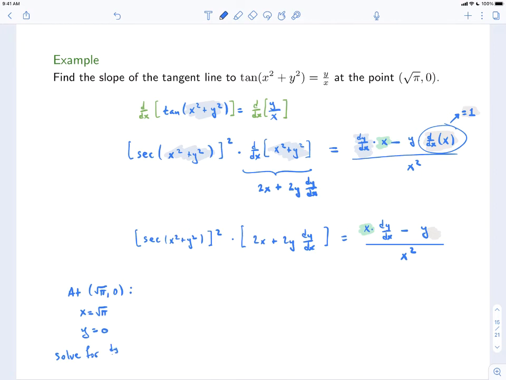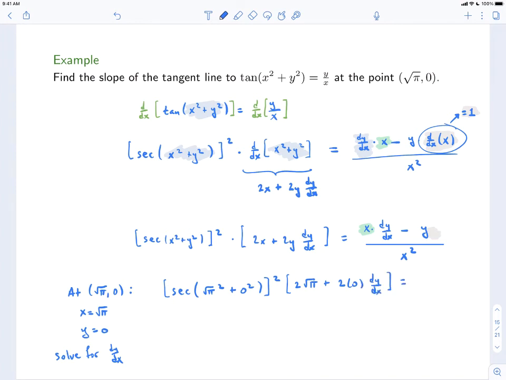for dy/dx. If we do that, we'll have the secant of x squared, so the square root of pi squared, plus 0 squared, and all of this quantity is squared, times 2 times the square root of pi, plus 2 times y, which is 0, times dy/dx.